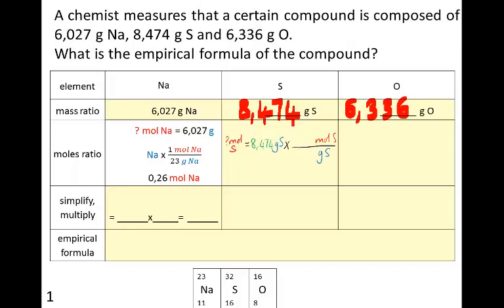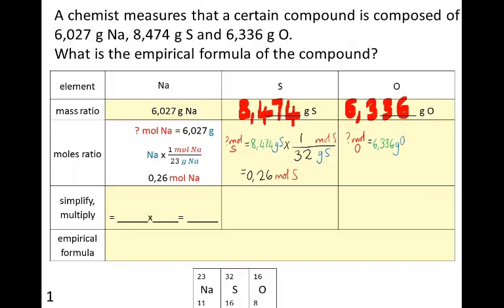In other words, we use the molar mass of sulfur. 32 grams is the mass of 1 mole of sulfur. 8,474 divided by 32, 0,26 mole of sulfur.